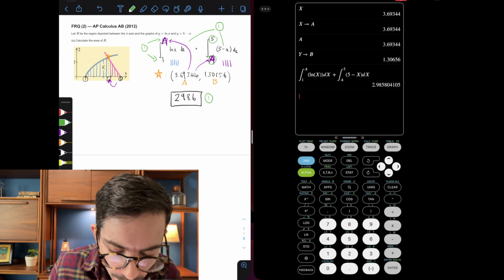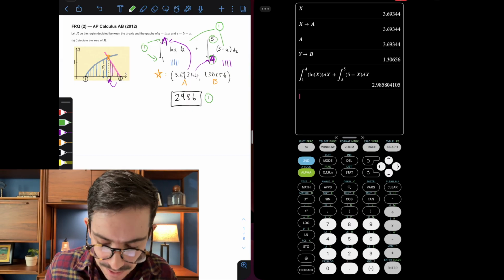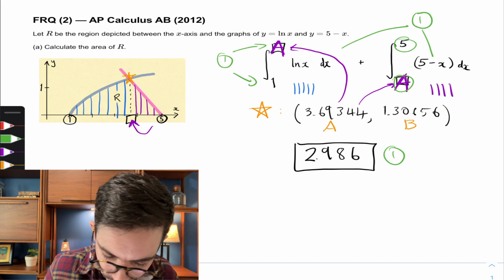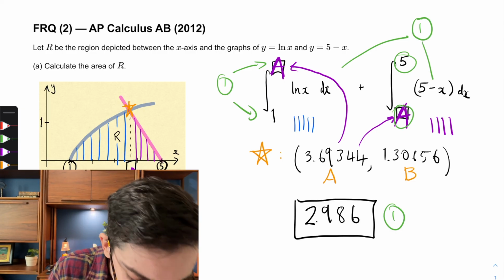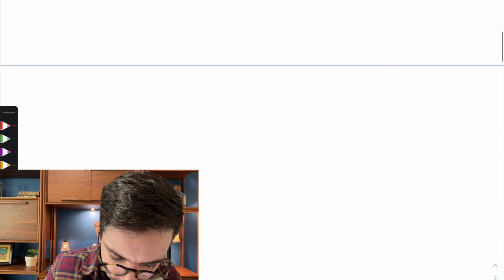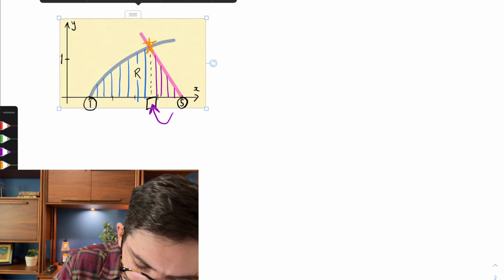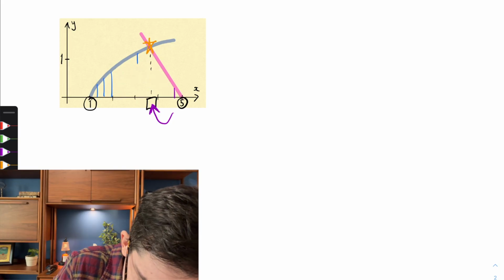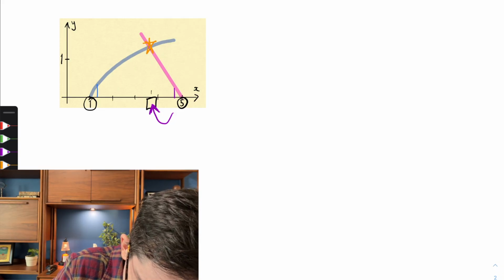Now, what I want to point out before we move on is there was a second way to calculate this problem. So let me clear away my calculator for a second. Instead of using those vertical rectangles, I could have used horizontal rectangles. Let's start with the same diagram, but have a slightly different interpretation.